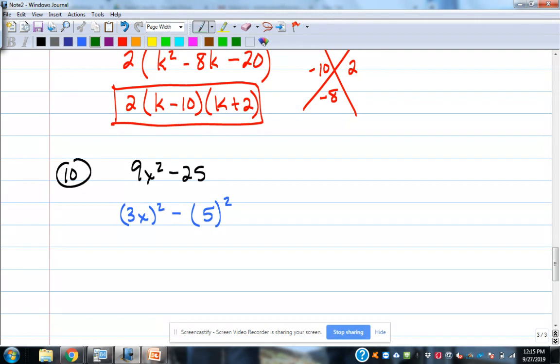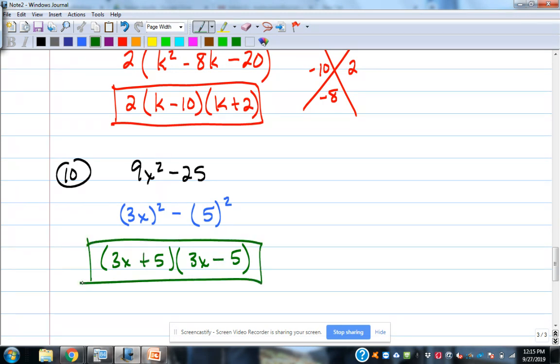If you can rewrite it like this, the factors have a 3x in the front, a 5 in the back. One's a plus, one's a minus, and you're done. That's the beautiful thing about differences of squares. If you can rewrite it as two square things subtracted, then you can factor it really quickly like that.